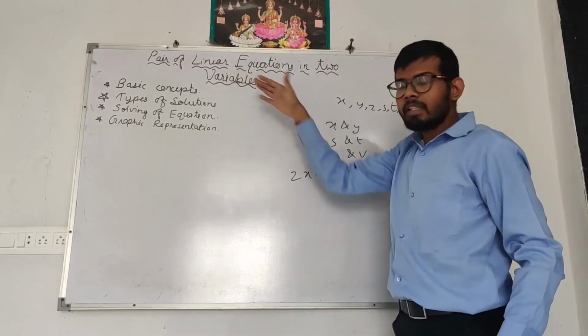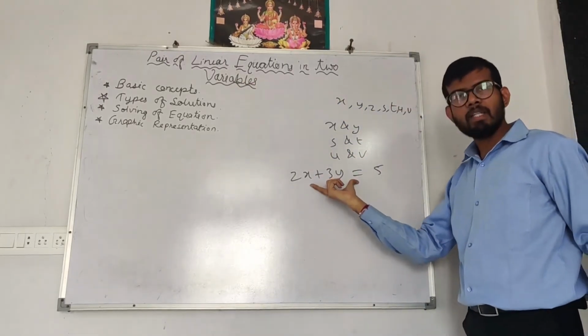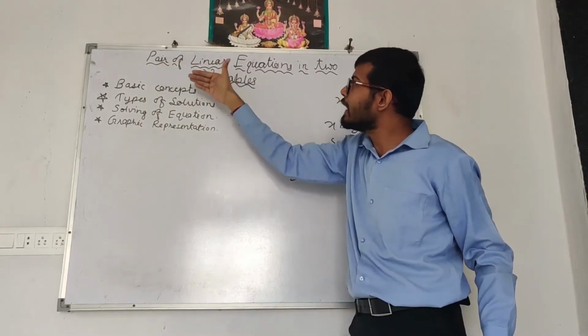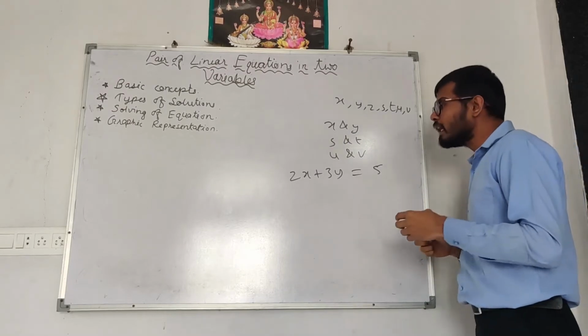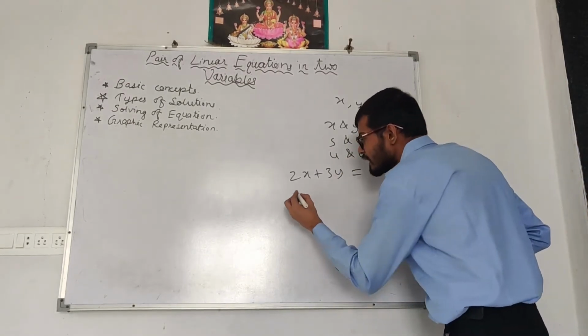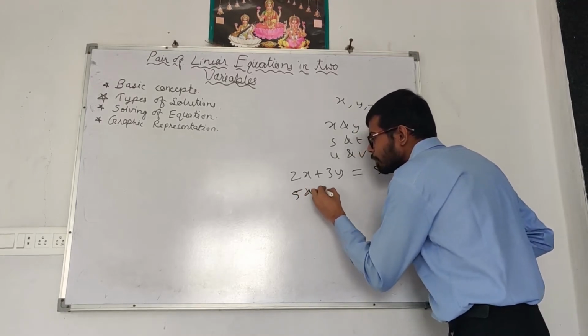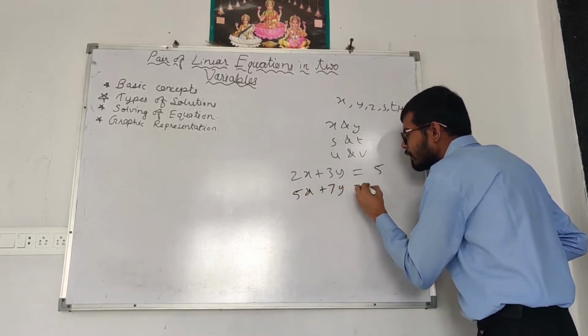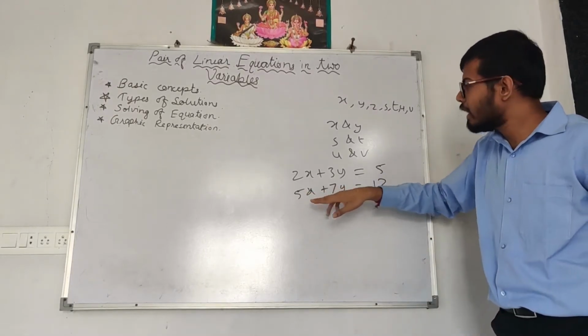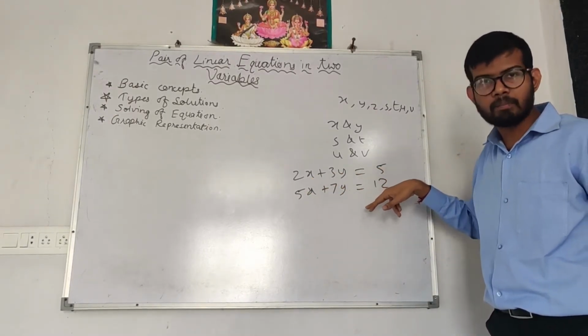This part we have learned in 9th class. Now, in 10th class, what we are going to learn is pair of linear equations. Pair means there will be two equations. So, we will consider one more equation such as 5x plus 7y equals 12. Now you can see there are two equations and both have two variables.